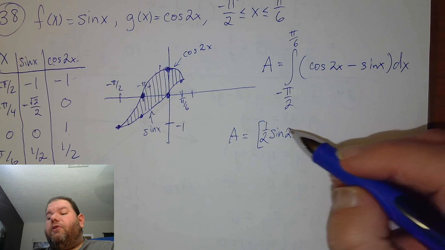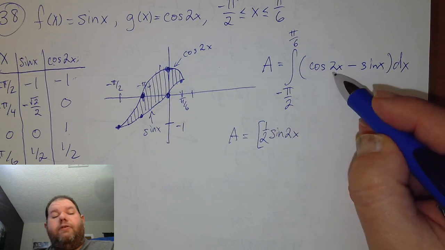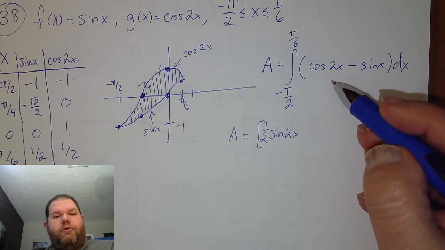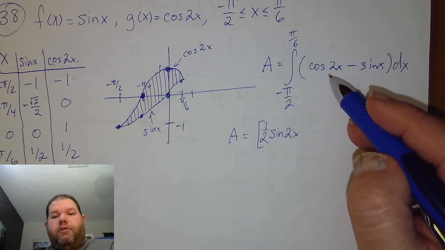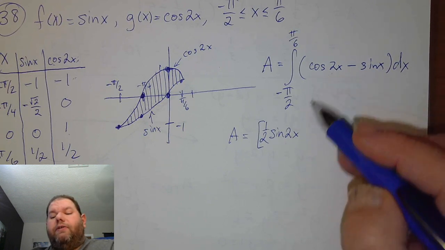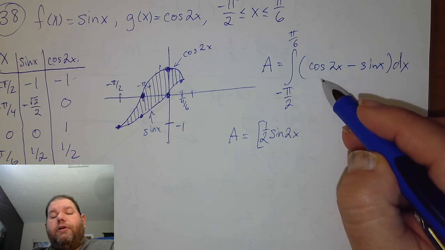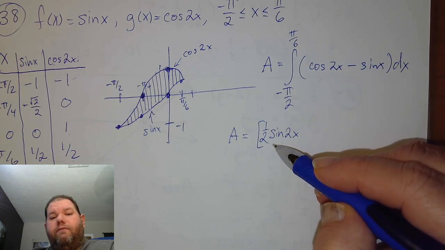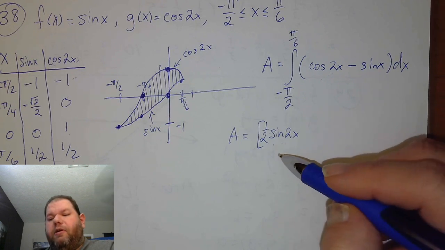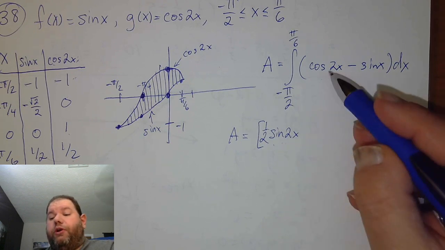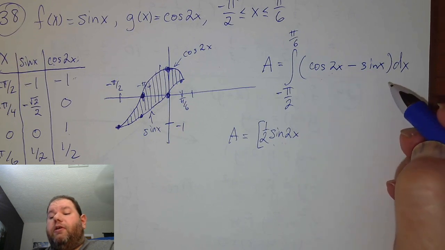And so it ends up being 1/2 sine of 2x. This is that shortcut we were talking about before, where we can do it with the u substitution, but we want to learn the pattern that leads to being able to just look at that term and understand what the integral is. Okay. So again, keep working on that concept.